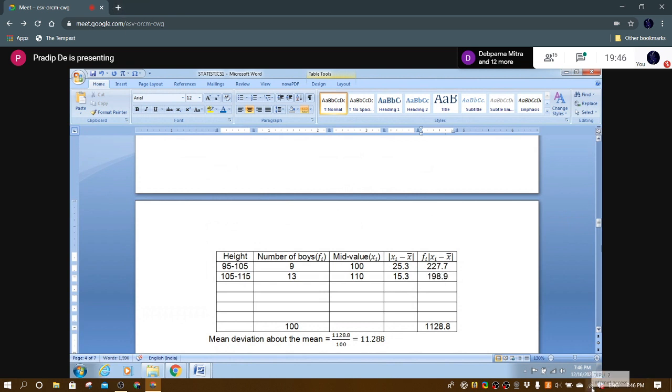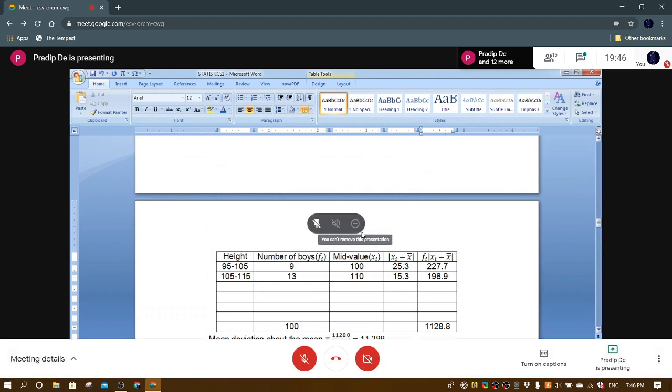That is 15.3 into 13. This way complete the table. Is there any doubt in this?